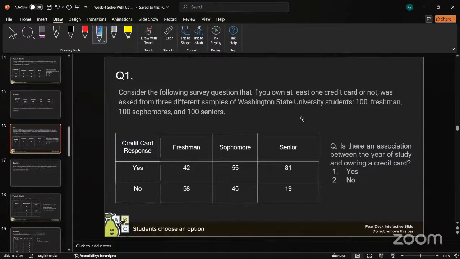You got the question or you read the question? The question is read, but year of study is associated with this. Year of study is this: what year are you in? Are you a freshman, or a sophomore, or a senior?